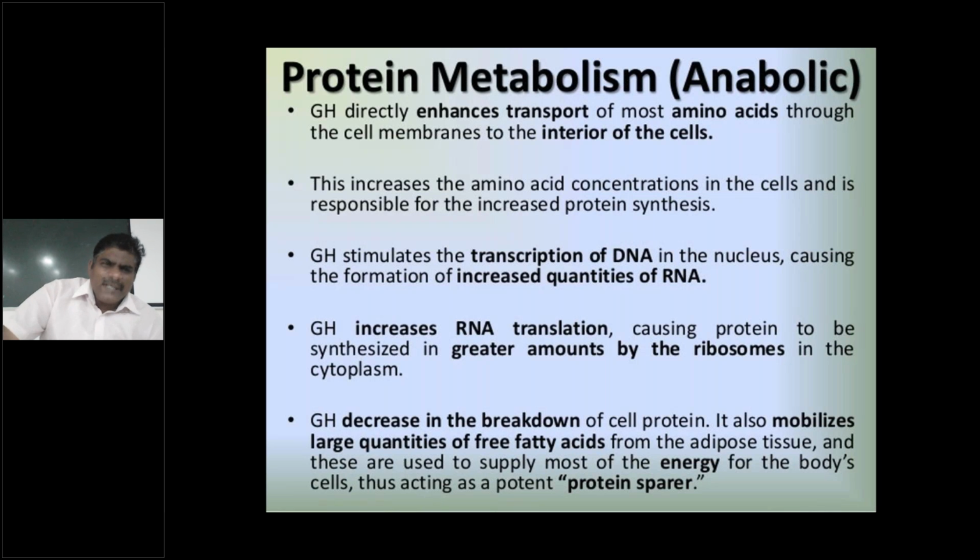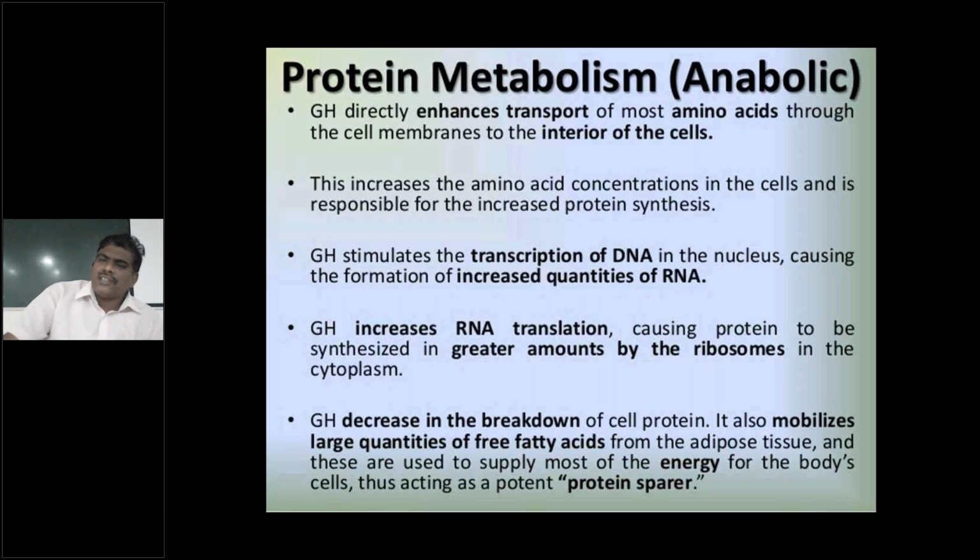Then we'll see in a little detail the role of growth hormone on protein metabolism. Because we are taking protein as such in the diet, this protein undergoes digestion, absorption, and amino acid delivery. And this growth hormone enhances the transport of most of the amino acids through the cell membrane into the interior of the cells.